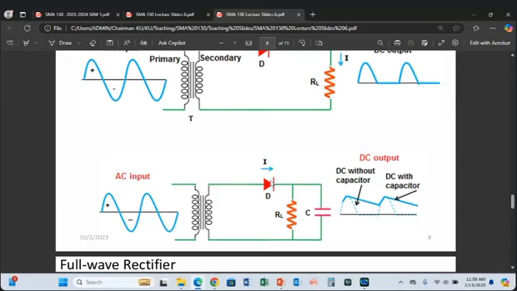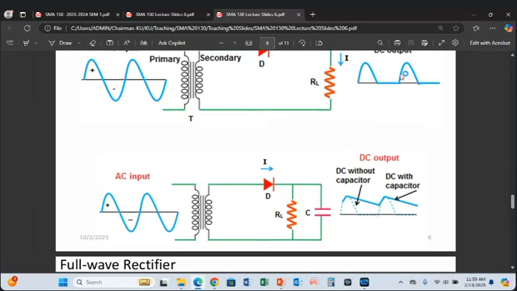So please go through the rest of that slide so that we understand how we can produce full wave. Here we are only showing how we produce half the wave using a single diode. Now, there is a reason why we connect a capacitor: to smooth this current, which goes to maximum, then comes to zero, then to maximum.